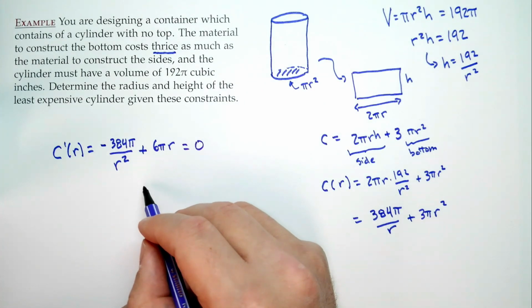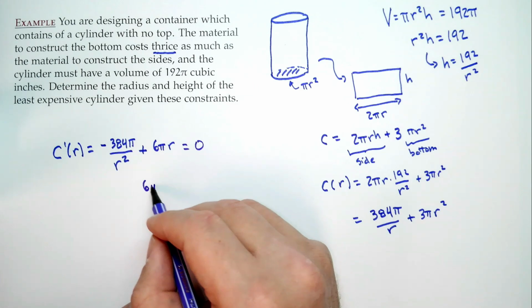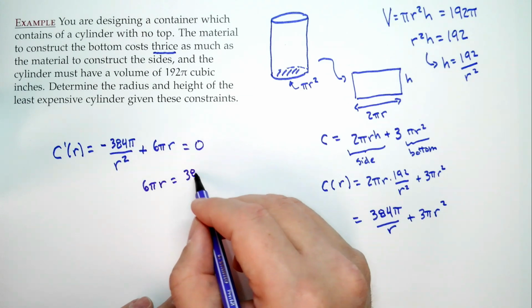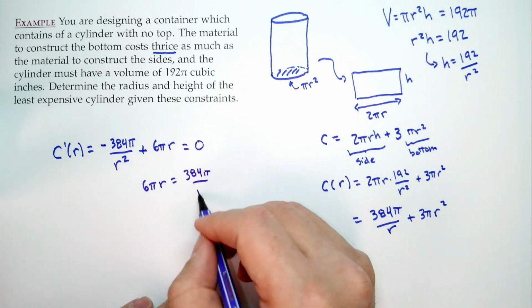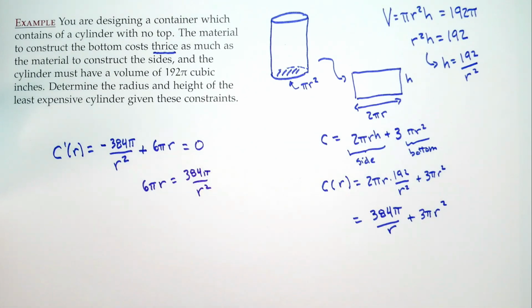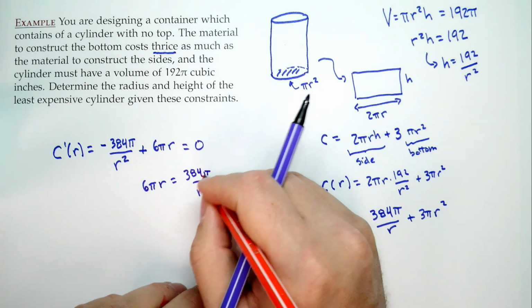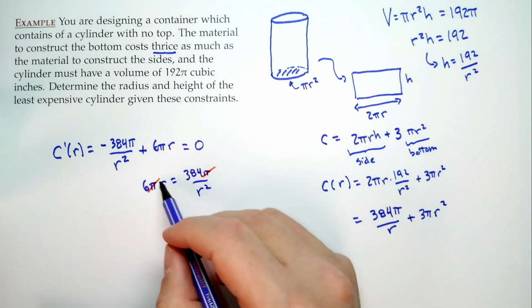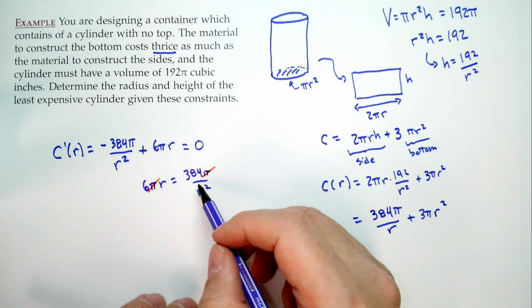Well, we can rearrange that. That tells us that 6 pi r has to equal 384 pi over r squared. Now at this point we can say, hey, the pi's, they don't matter. They go away. Well, that's good. And then something else we can do, we can move the r squared across, divide by 6.